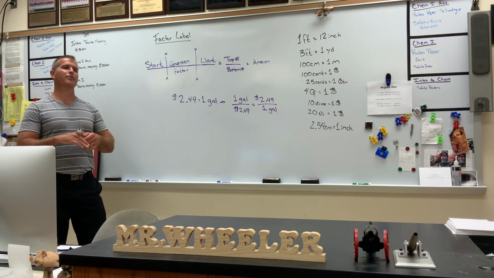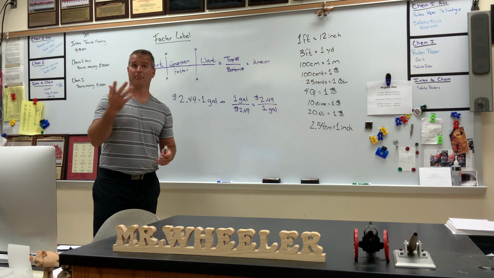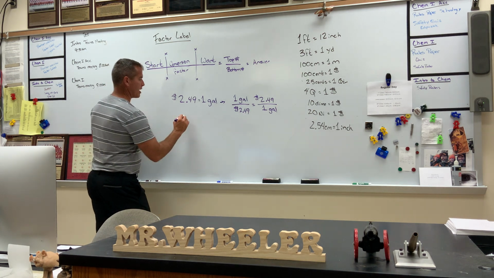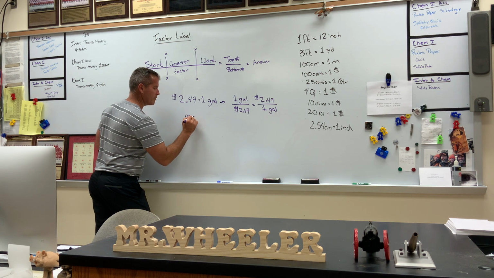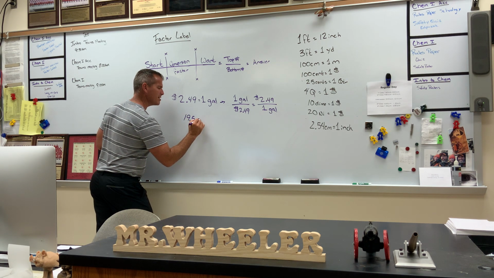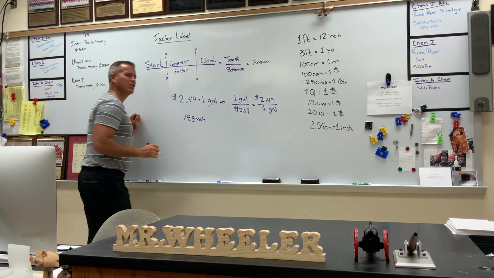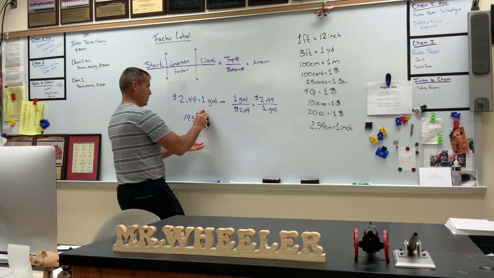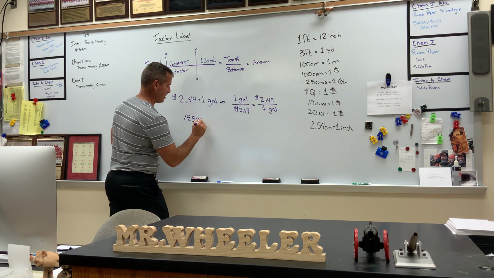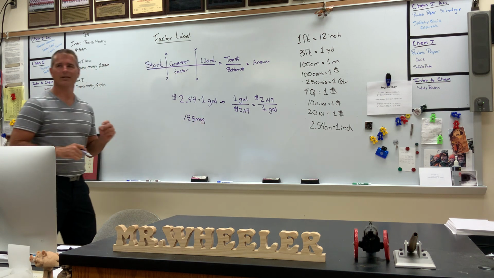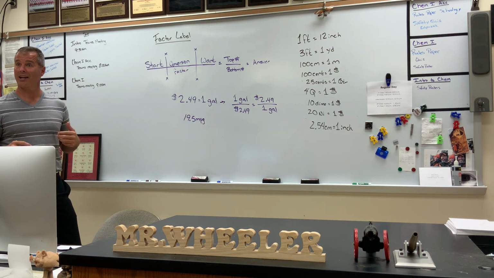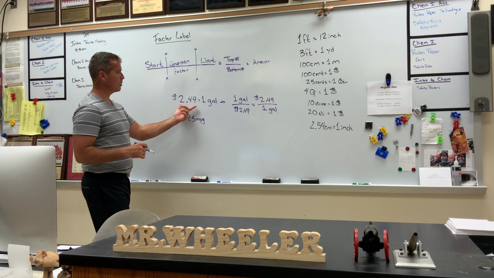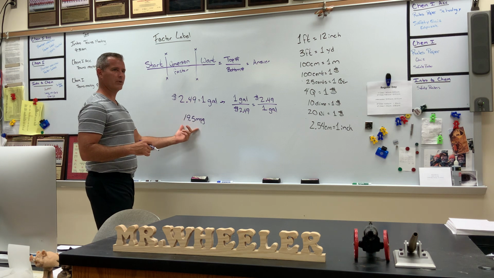Let's take this a step further. My truck right now, I've been doing good on gas mileage, so I haven't been driving anywhere. I'm actually getting 19.5 MPG. Miles per gallon. We can write it just like we wrote that.